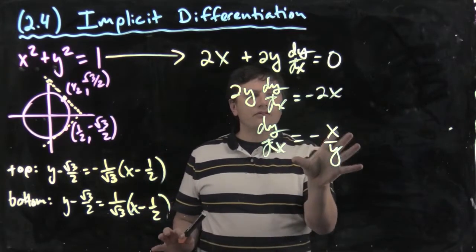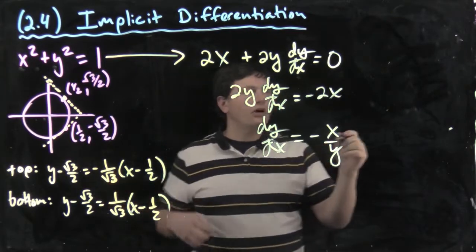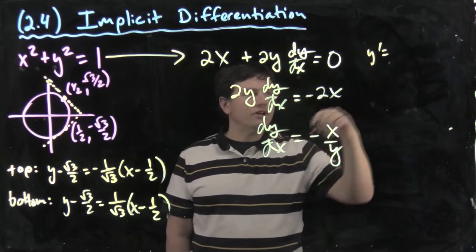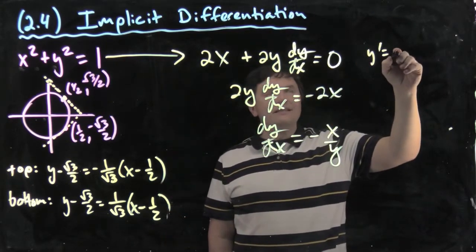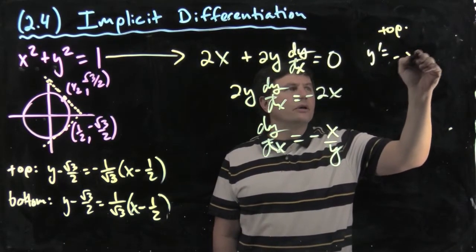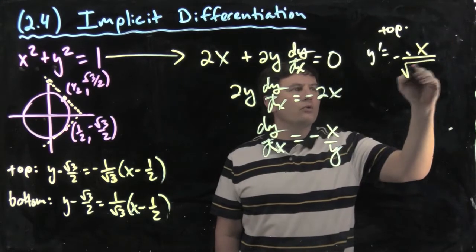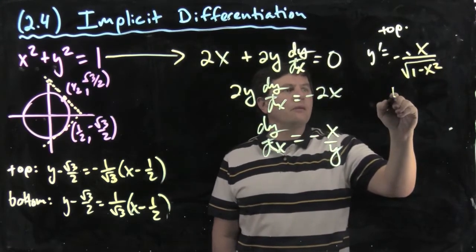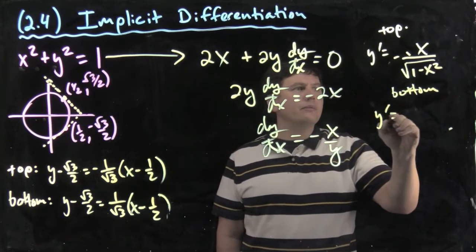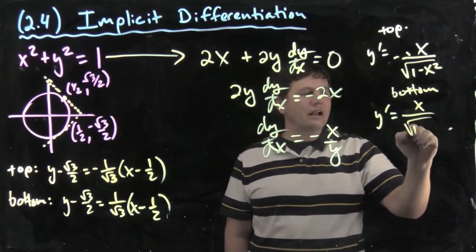Now the one thing nice about this derivative, and I just want to remind you that our other derivatives were y prime equals, by the way, y prime, dy over dx, same thing. We had the top, which was the negative x over square root of 1 minus x squared, and the bottom we had y prime is equal to the positive of x over square root of 1 minus x squared.